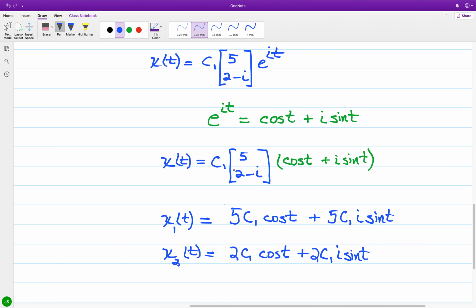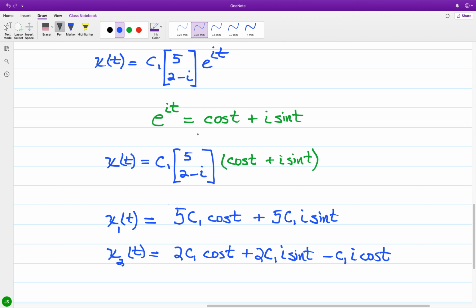For the minus i portion, we have minus c1i cosine of t, and now minus c1i times i sine of t. Recall that i squared is equal to negative 1, so the negative of i squared would be the negative of negative 1, which is positive 1. So we're going to have plus c1 times the sine of t.